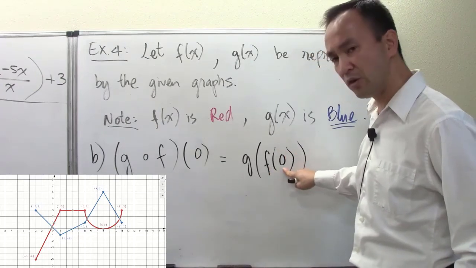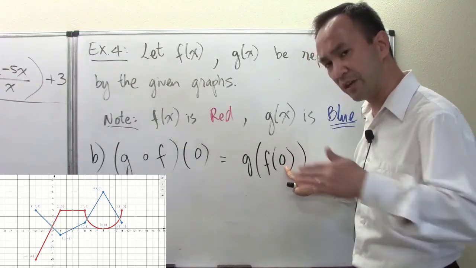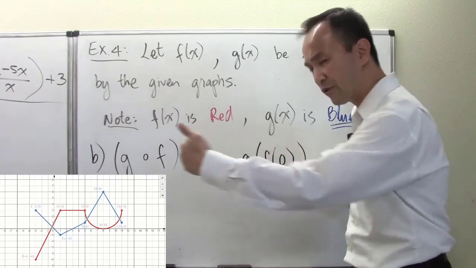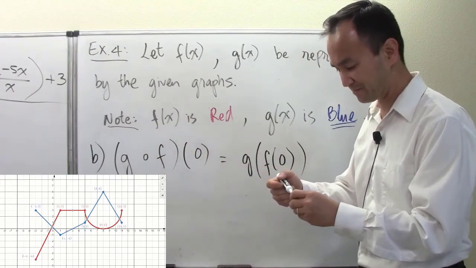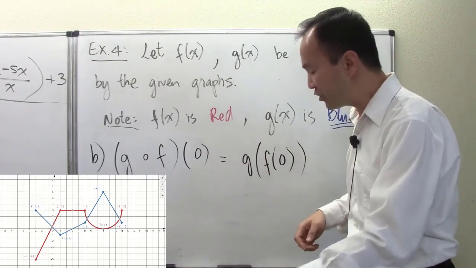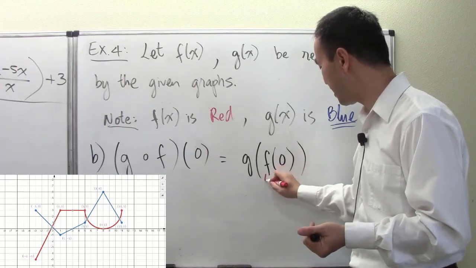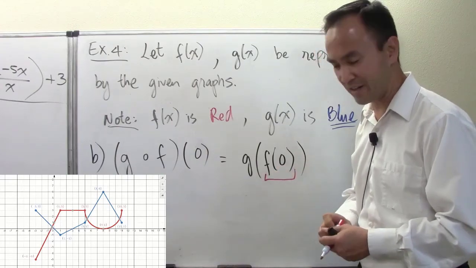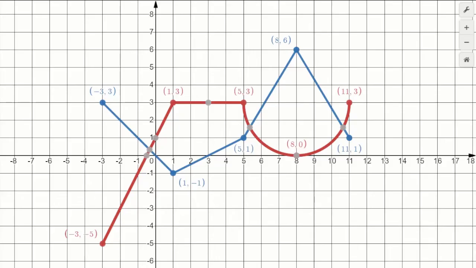The innermost level right here is x equals 0 as the input. So we're going to be looking for the x input on the horizontal line. But now I'm going to need to use the red function, so this value is going to come out in red ink right here. Let me put the graph in full screen view.